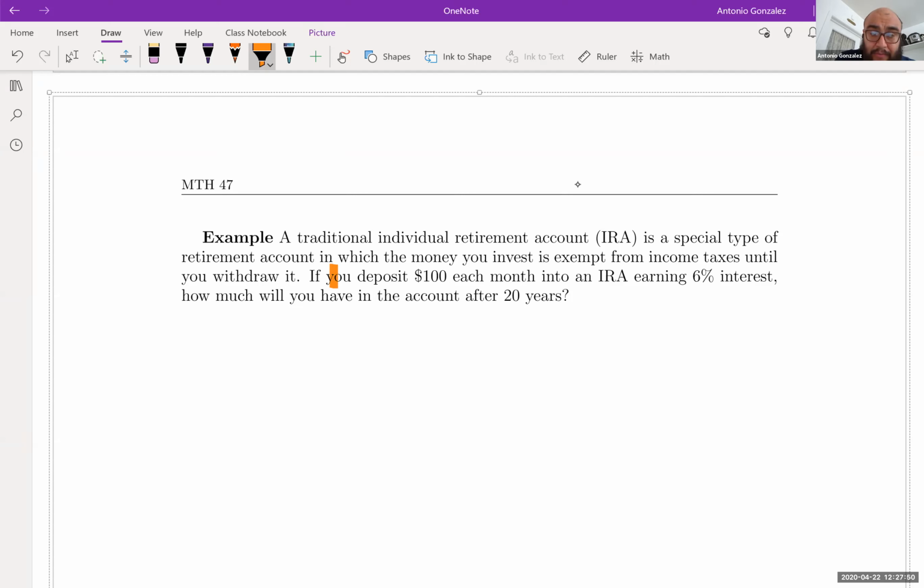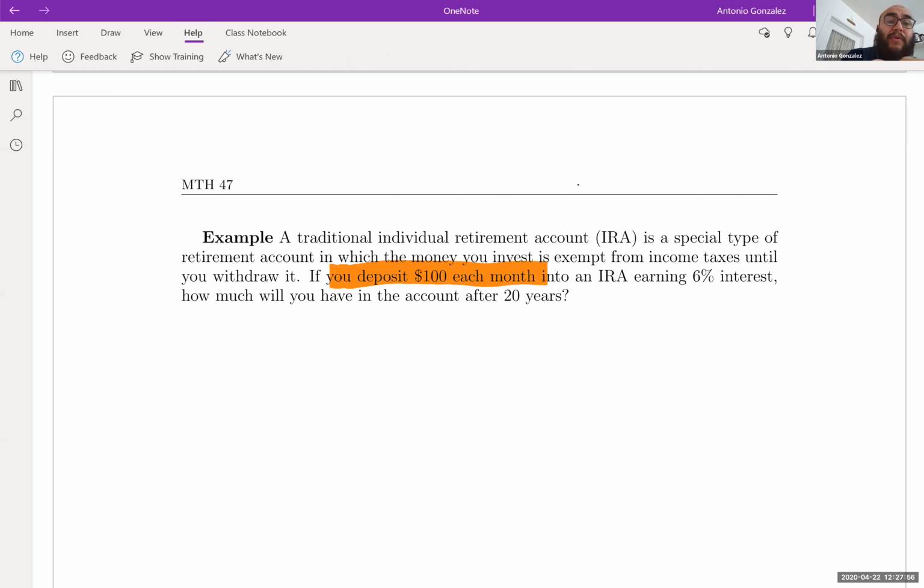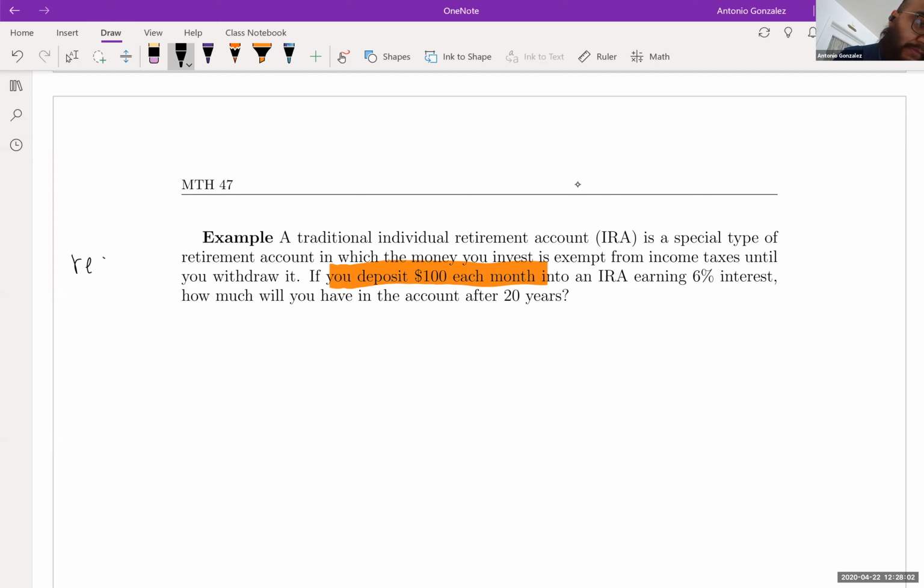Here, each month is going to be our keyword. What we want to take from that is that there is a recurring deposit. So if there's a recurring deposit, I'm going to use the annuity formula.